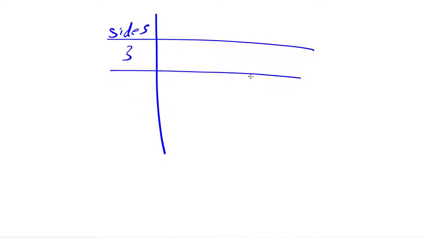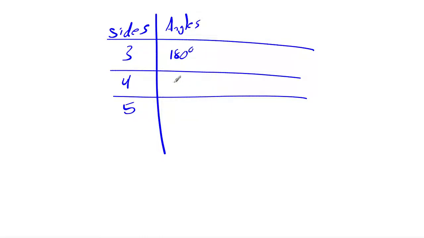If I look at the number of sides that I have, so 3, 4, 5, the sum of the angles, so 180 degrees, 360 degrees, and 540 degrees. Notice I'm adding 180 each time.